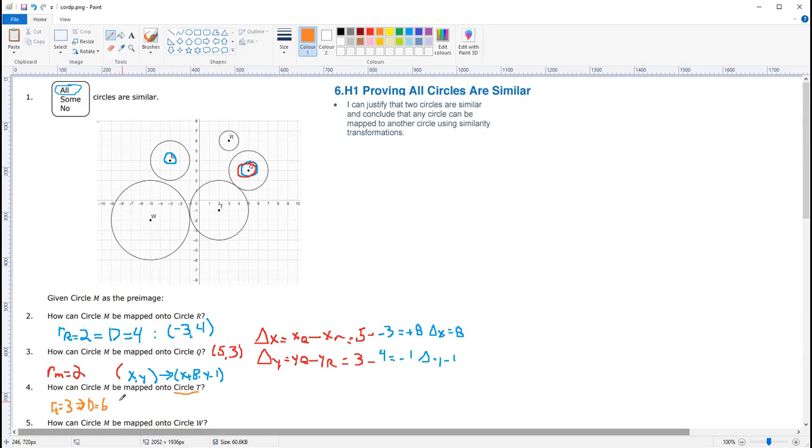It's going to be the after. Scale factor equals after divided by before. My after is 3. My before is 2. So it's 2/3. So my first transformation is going to be x comma y.